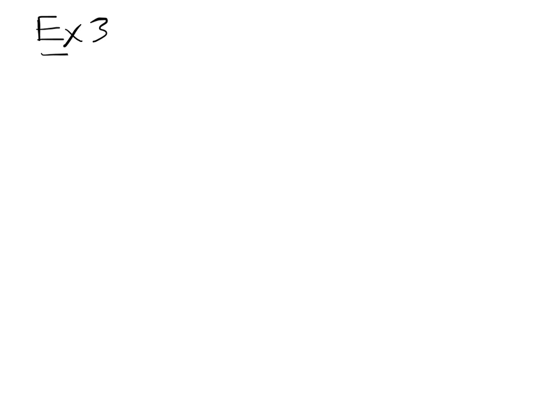Example 3 looks like this. I'm going to actually rewrite it down here. You already have it on your paper. So it looks like 5x squared minus 125 is equal to 0. Now, this is really important.